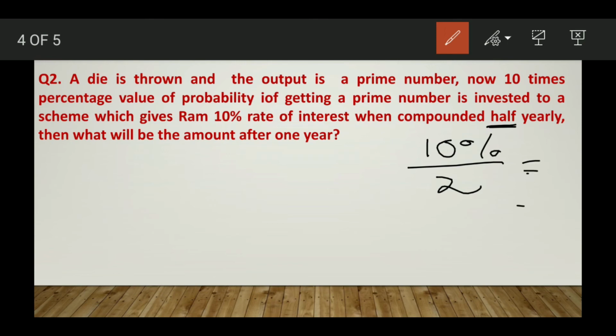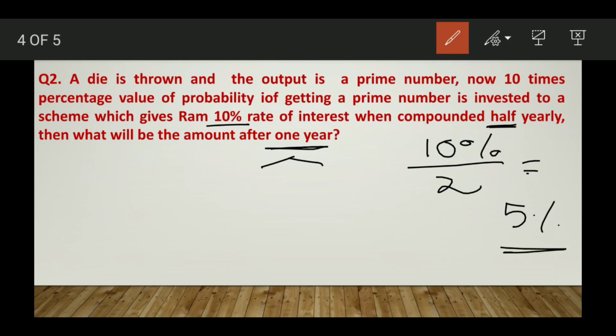So it will be 5%. This 10% rate of interest compounded half yearly can be taken as 5% rate of interest, since in a year we have two 6-month periods.